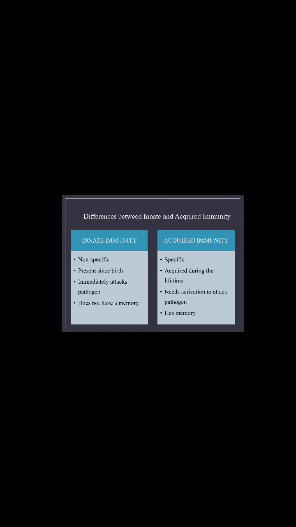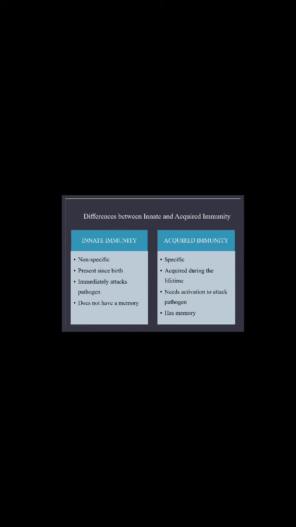So innate is non-specific, acquired is specific. Innate is present since birth, and acquired immunity we get during our lifetime when any infection occurs in our body. Now, third point, innate immunity immediately attacks the pathogen.